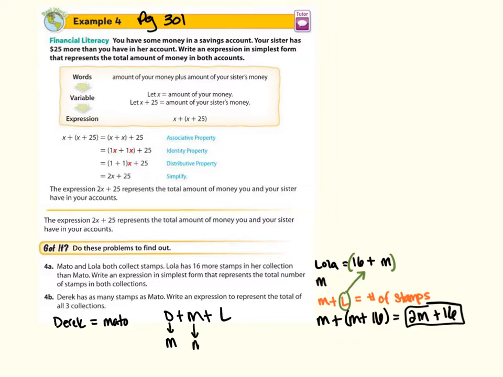M just stays M. And then you already have the experience with L. L is just M plus 16. So now we have 3 M's plus 16. And that's a simplified version for 4B. If you don't get this, it's okay. We'll try to get more practice with this as we go along.